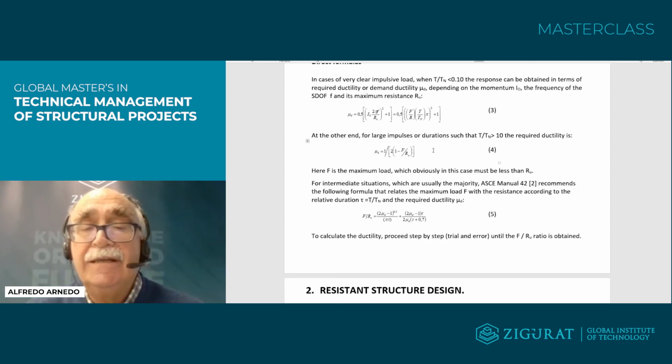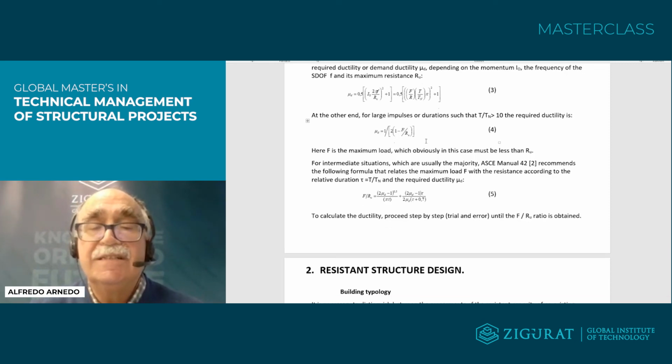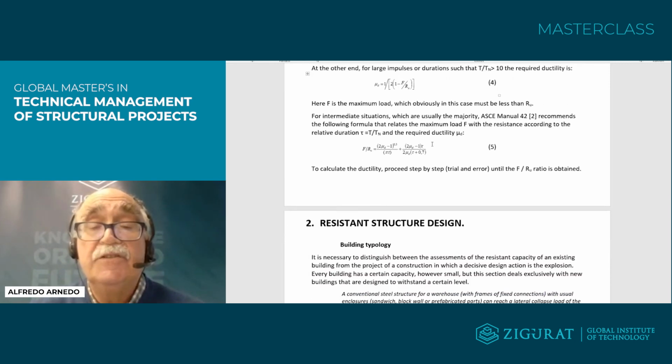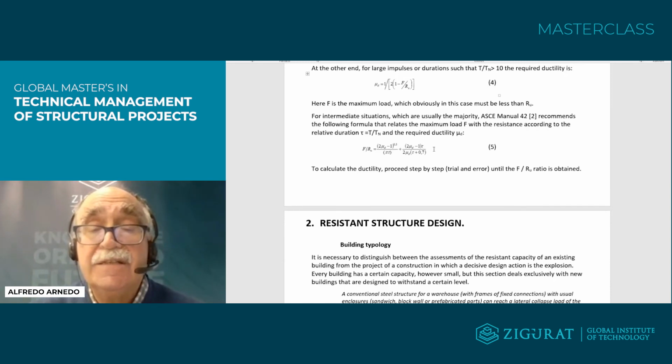On the other end, when the duration is very large, it depends especially on the relationship between force and resistance. And for intermediate situation, the more complicated and useful, this is a very valuable formula.